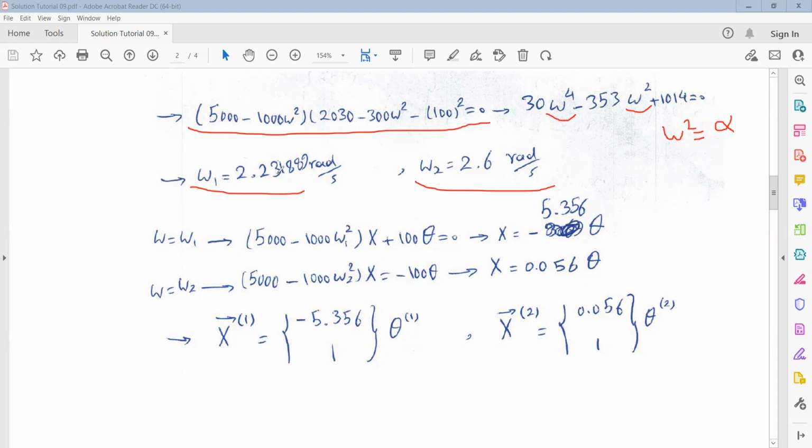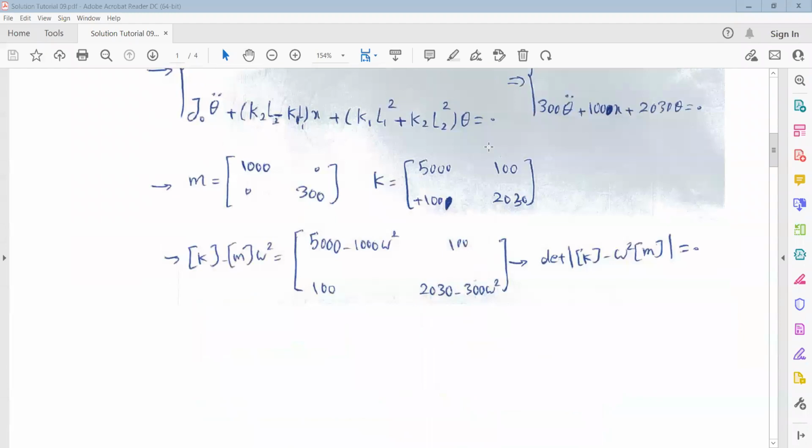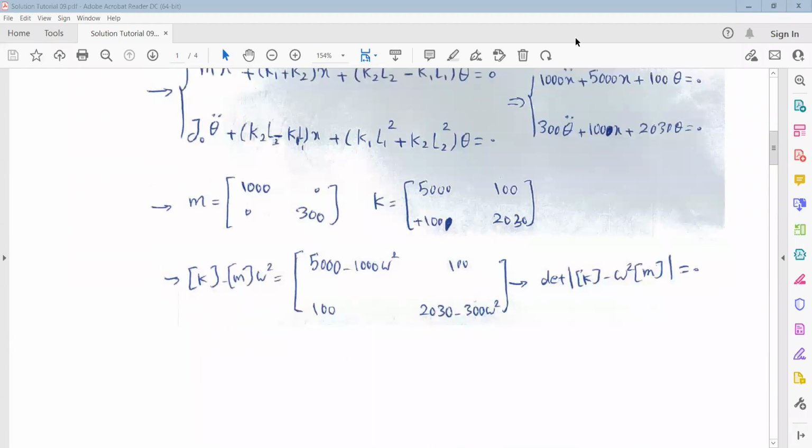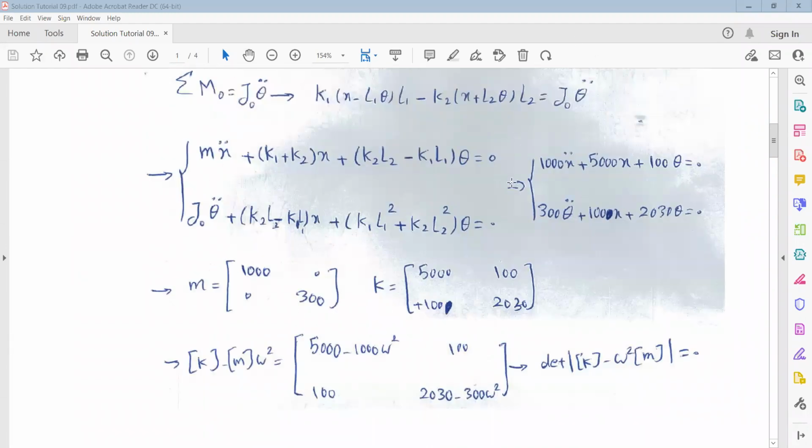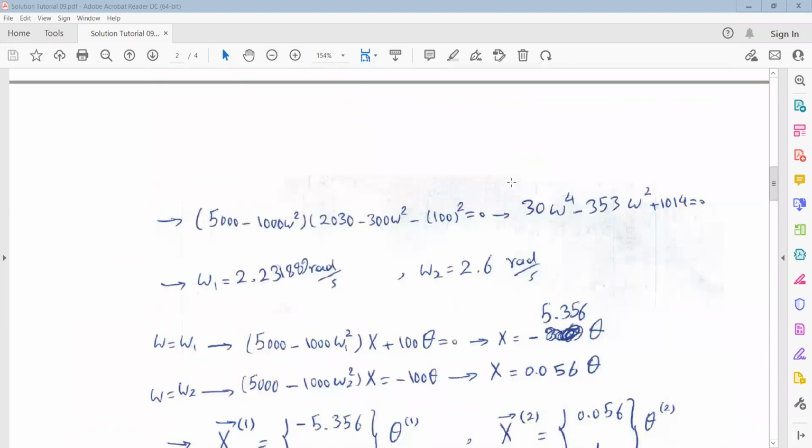As you can see, the first natural frequency is 2.2 and the second one is 2.6. Now we can substitute into the equation omega is equal to omega 1 in this equation here. I didn't write the equation here.